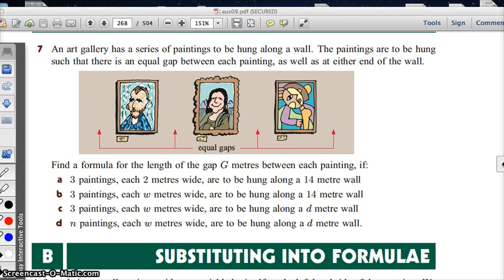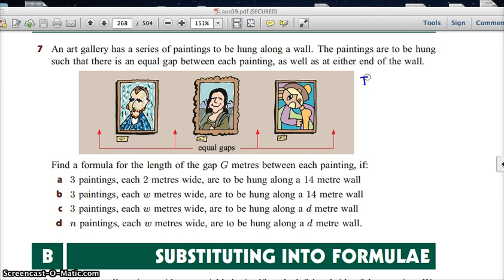3 paintings, each 2 metres wide, are to be hung along a wall 14 metres long. Okay, so what's the total amount of wall you have? Yep. Total amount of wall is 14 metres. And there are 3 paintings.